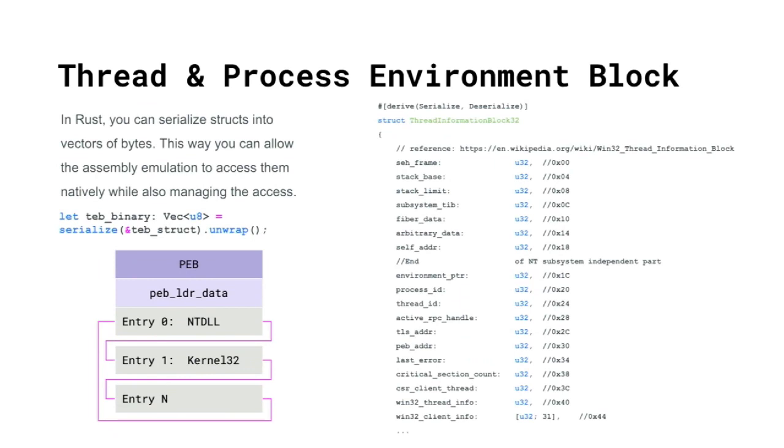So I was able to recreate the linked list of the PEB and TEB and the PEB loader data, and compile that all into nice serialized bytes. And the memory manager will handle when the assembly instruction accesses the address to whatever part, like if it's doing the normal shellcode routine, FS:30, go through there.